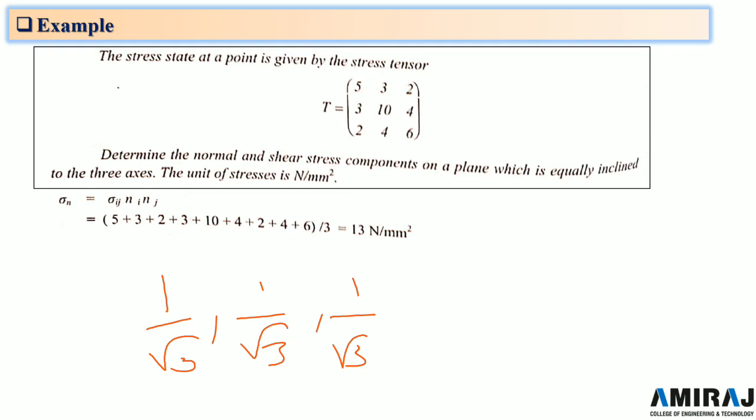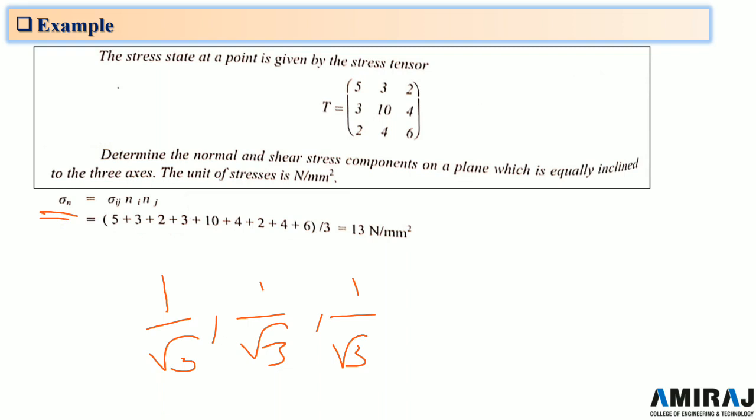The normal stress is given by sigma n equals sigma ij ni nj. If we put the values in this equation, all tensor components are written as the sum divided by 3. So we will get sigma n.